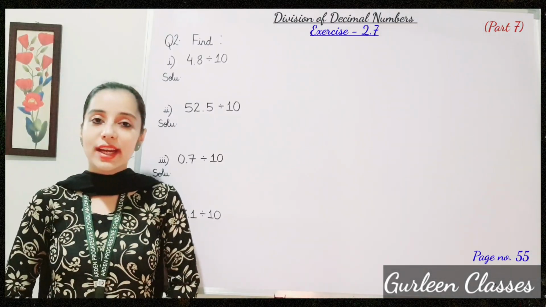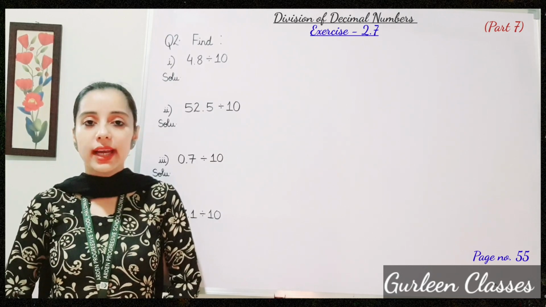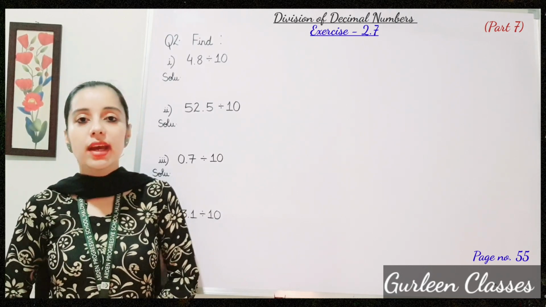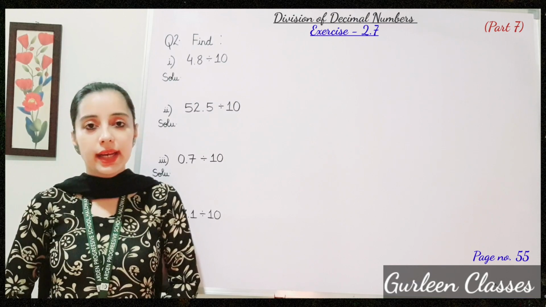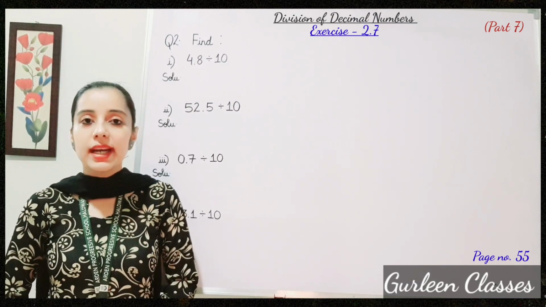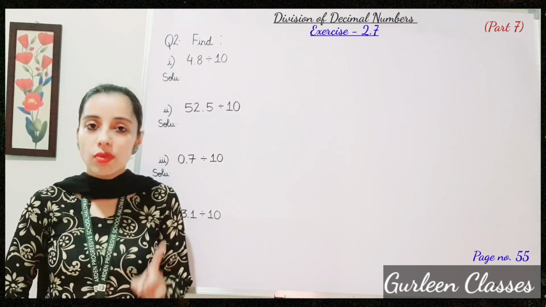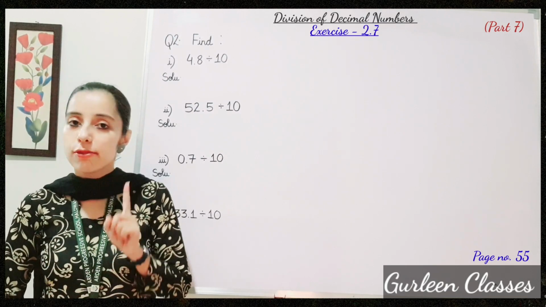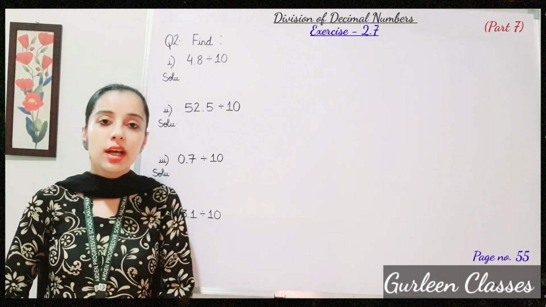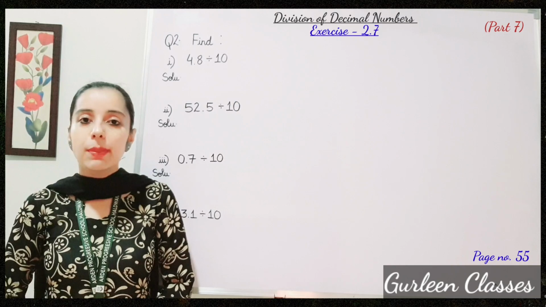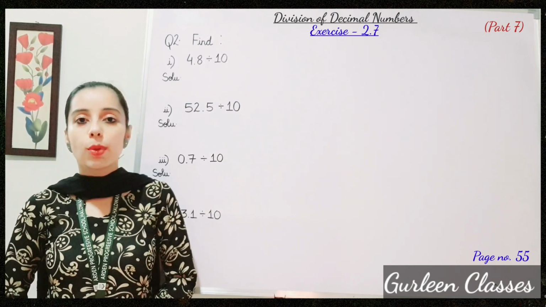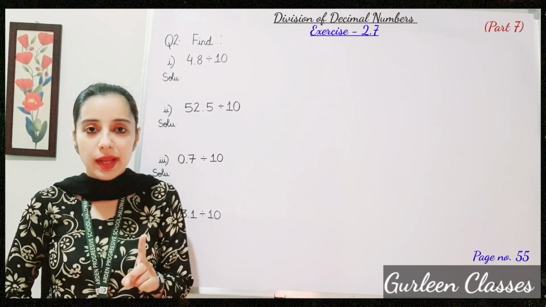Question number 2, find. First part, 4.8 divided by 10. Here we are dividing a decimal number by 10. Whenever we multiply a decimal number by 10, we move the decimal point to the right by one place. But in division, whenever we divide a decimal number by 10, we move the decimal point to the left by one place.